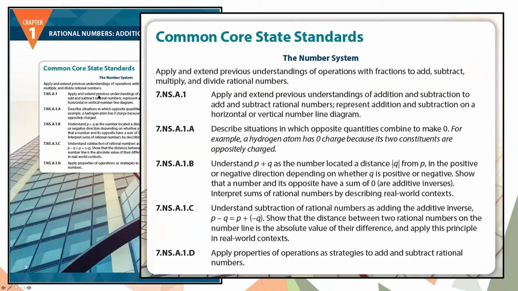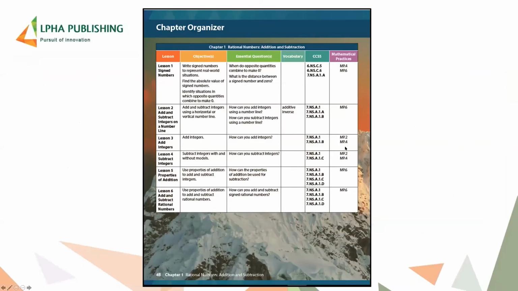Okay, for each chapter, we then list the Common Core state standards verbatim. This is directly from the Common Core state standards. We have not created these. And then a reminder from the scope and sequence, the objectives, the essential question, the state standards again, and the mathematical practices, and any vocabulary.